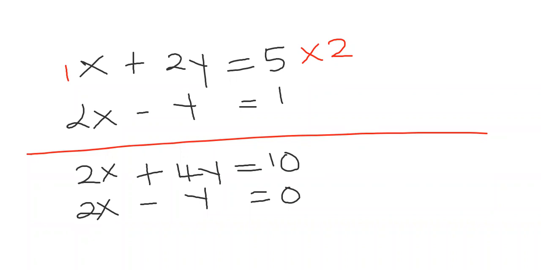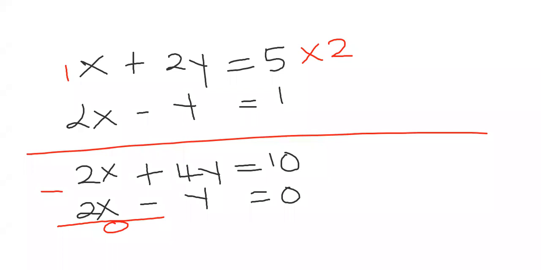I'll repeat that. For us to get a 0 for these two terms, we have to subtract 2x minus 2x. We're going to get a 0. Then we subtract all the terms in our equations.